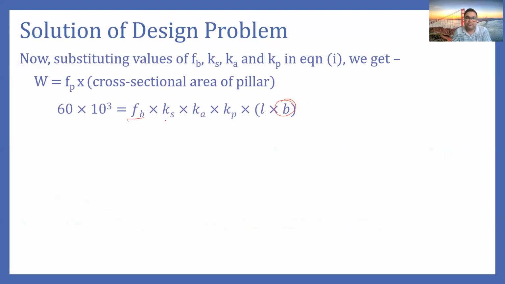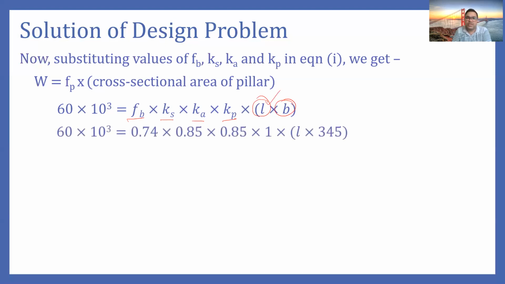We know the values of FB, KS, KA, KP. Only L is unknown, so after putting all the values, we find the L value, and you can see the L value is 325.